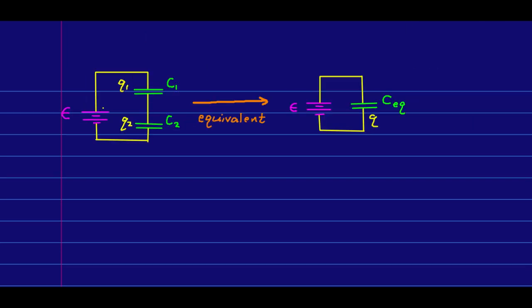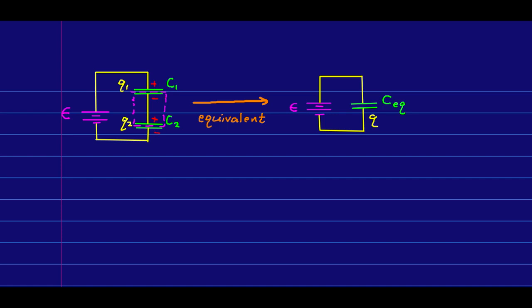Let's use the idea of equivalent circuits to draw conclusions about capacitors in series. And so in particular, let's start by thinking about this chunk in the middle. Notice something. That chunk of metal is not connected to anything, and it must have been neutral before we connected the battery, and so it must still be neutral. And so whatever negative charge is here is the same as the positive charge here, because all that's happened is it's polarized.